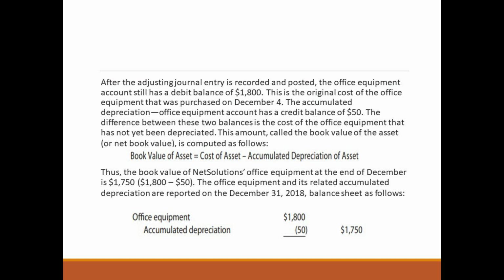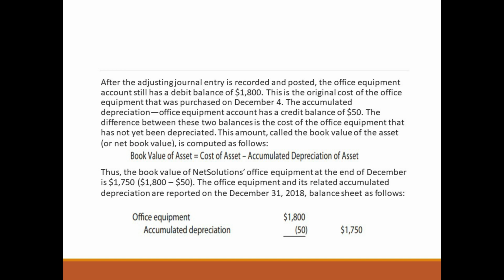This amount, called the book value of the asset or net book value, is computed as follows: book value of asset equals cost of asset minus accumulated depreciation of asset. Thus, the book value of Net Solutions office equipment at the end of December is $1,750.